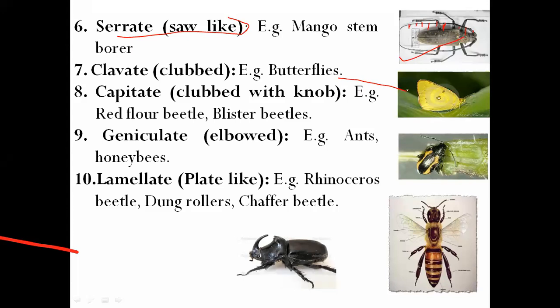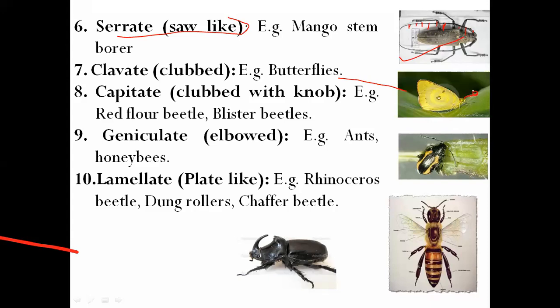An example of the clavate antenna is present in butterflies. The segments are the same from the base, then pedicel, scape, pedicel, and after that suddenly it becomes broader towards the tip. See, what happens here: the insect antenna is the same, then suddenly this broader tip is enlarged in size, so it is club shaped. Just to take an observation, when you catch a butterfly, you catch the butterfly and then observe its antenna. Easily you will see there is a clubbed shape, known as the clavate antenna, which is present on butterflies.